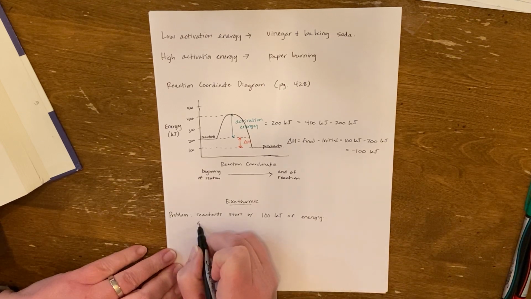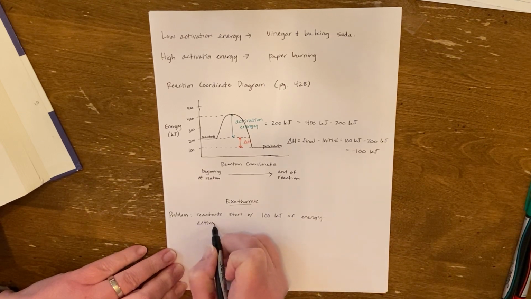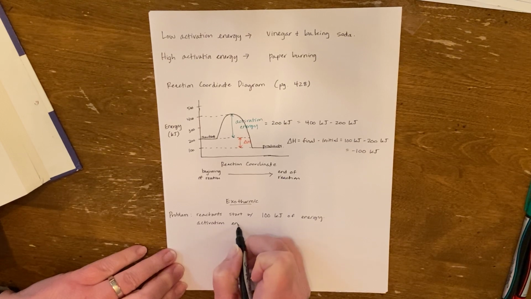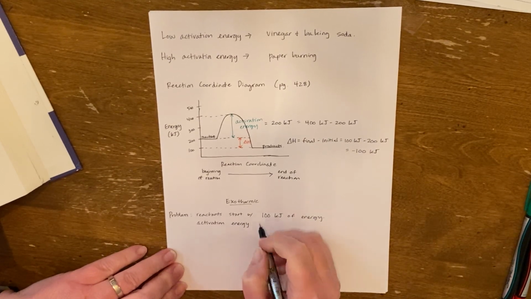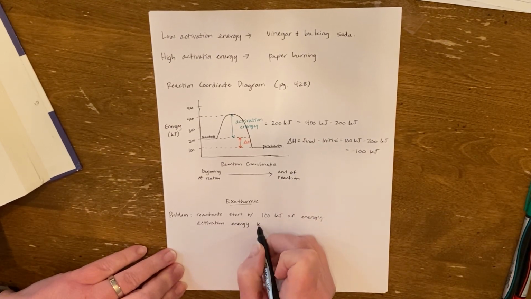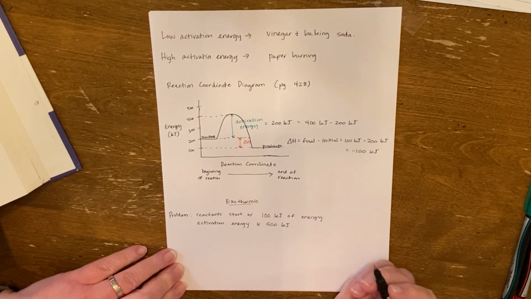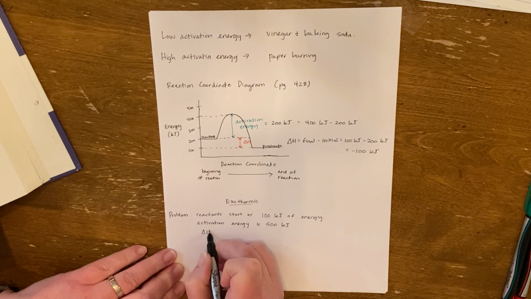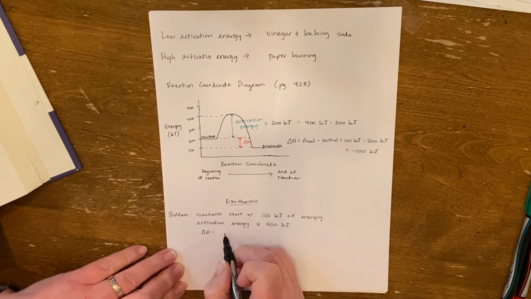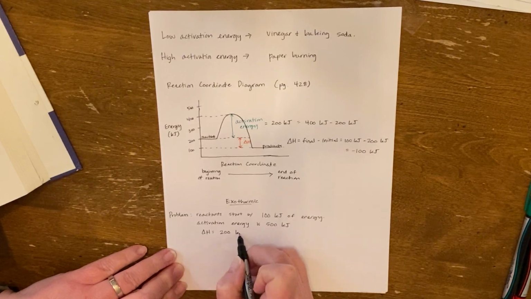The book tells us that the activation energy is 500 kilojoules. And we're also told that delta H, or the change in enthalpy, is 200 kilojoules.